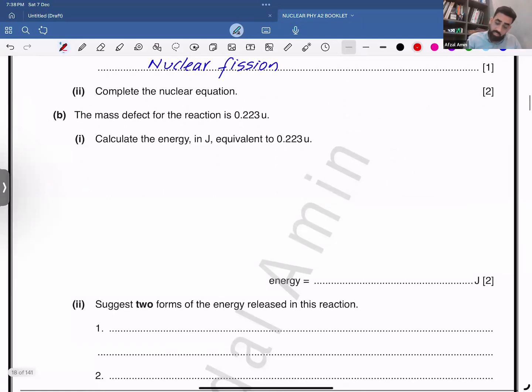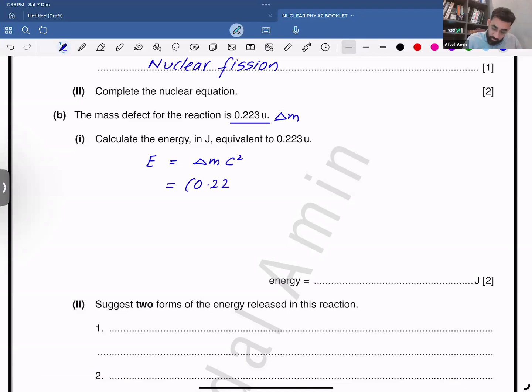So energy using Einstein's equation, you say E is equals to delta M C squared. This is mass defect, which is delta M. Delta M is 0.223 U. U means 1.66 into 10 power negative, sorry, negative 27.